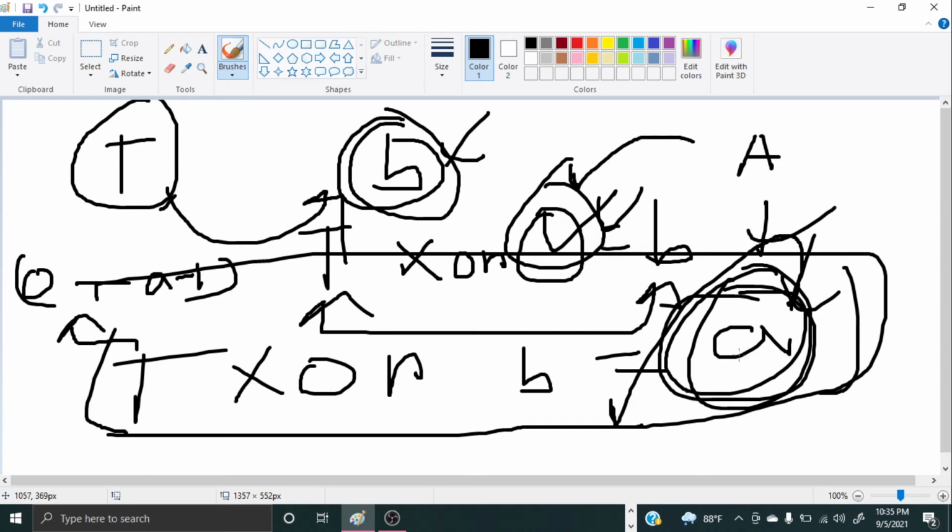If that value is not a, then we're just going to simply add it, because of the operations that XOR provides us. But if that condition becomes equal to a, then we're going to simply add another extra value.